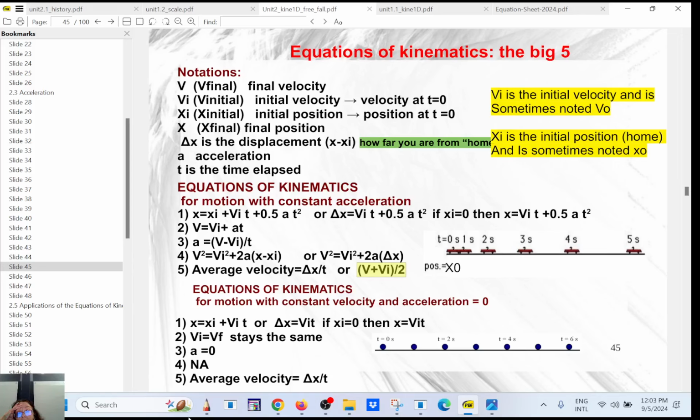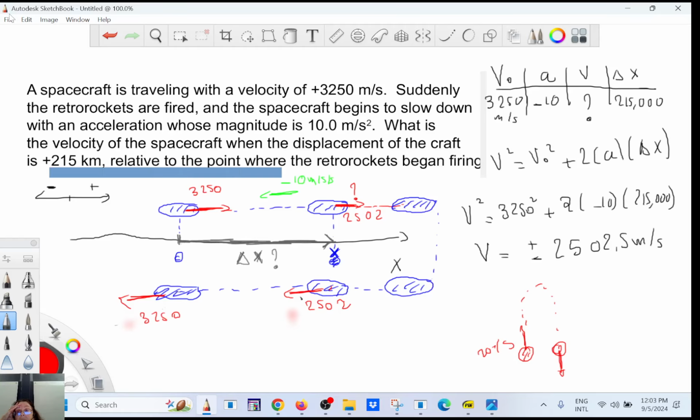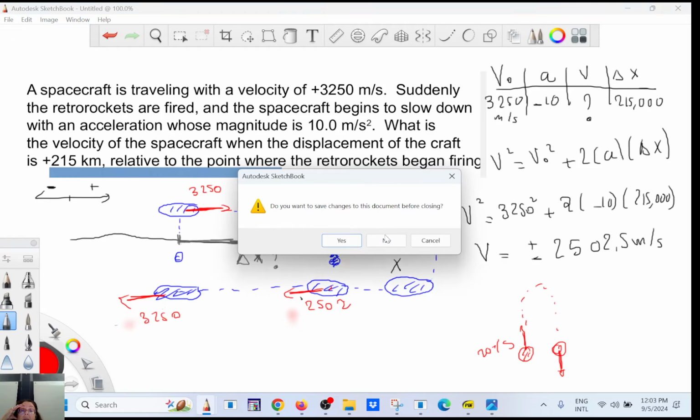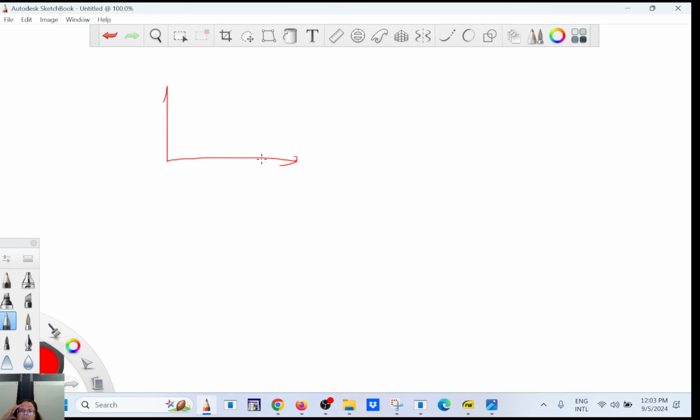If your velocity increases at a constant rate, you have a line, here the initial and here the final, and the average will be the midpoint, initial plus final divided by 2.